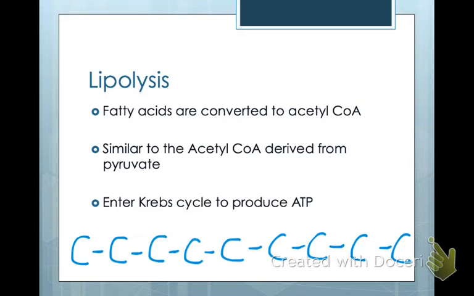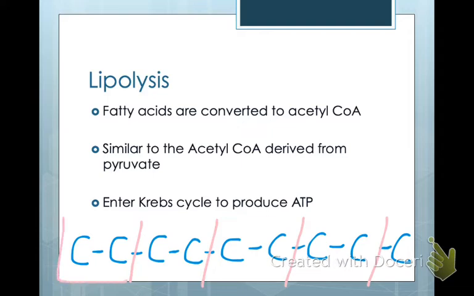And the fatty acids are actually broken down into these 2-carbon molecules, and it happens through a series of 4 pretty complex reactions, so it's not something I'm going to get into in this class, but all you really need to know is these long fatty acids break down into 2 carbons. So we have a cleavage every 2 carbons, like so.